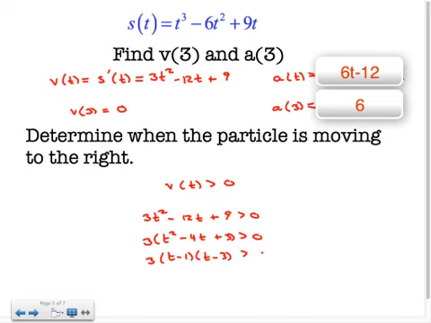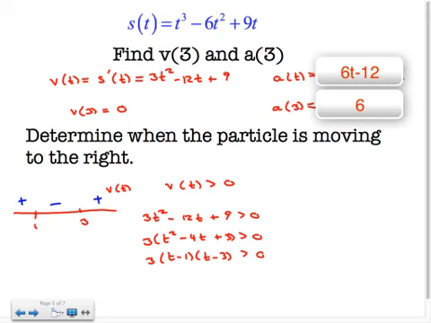I want to know when that's more than 0, so we make a sign chart. Since we weren't given any restrictions, we can go past 0 if we want. So we have 1 and 3 on the sign chart. This is a sign chart for what? Velocity, label it. Positive numbers bigger than 3, like 10, will give us a positive velocity. A number like 2 would give us a negative velocity, and numbers less than 1, like 0, will give us positive velocity.